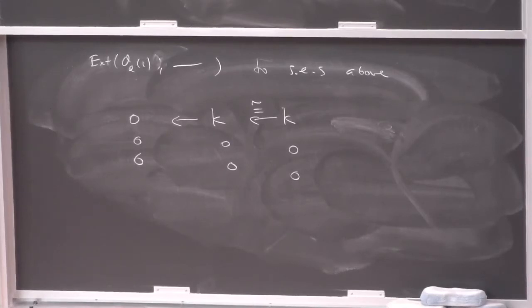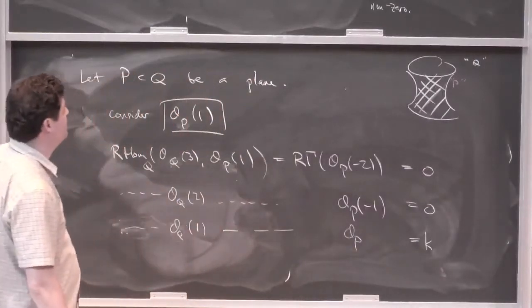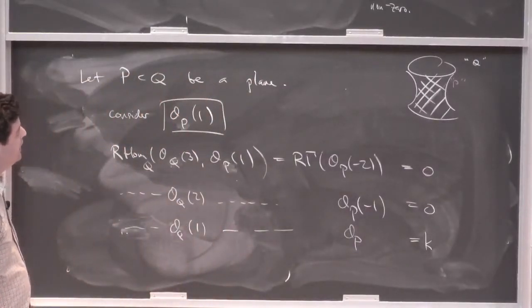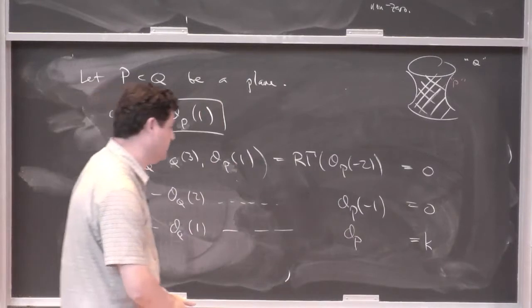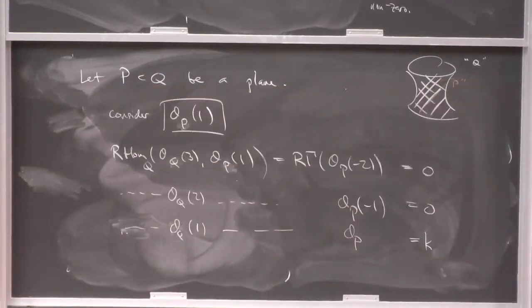So we took OP of 1, which was already orthogonal to these two, and we projected it into the orthogonal to that third thing and came out with IP of 1 in Q. So this was Ext.